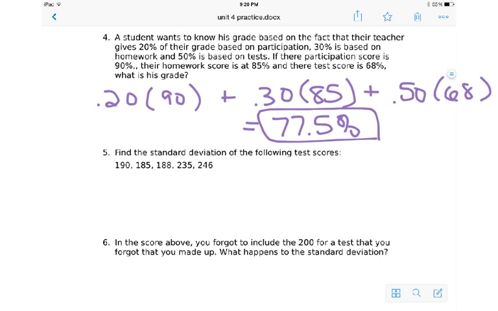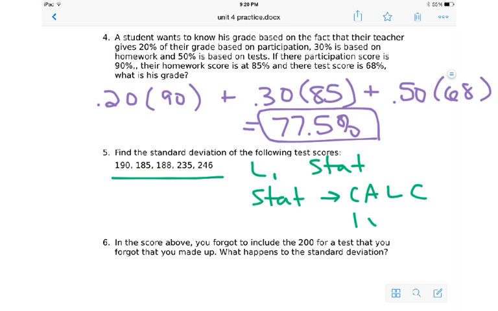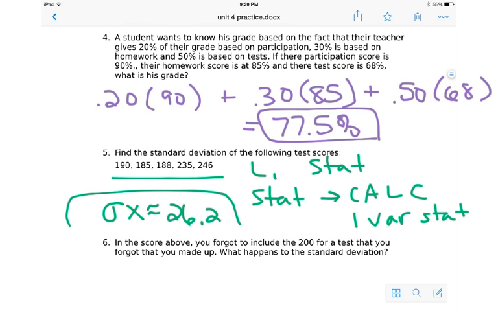The easiest way to find the standard deviation is to plug this into list 1 under the stat menu, and then go back to stat calc, to one variable statistics. The standard deviation is sigma x, and it should tell you that it's about 26.2.